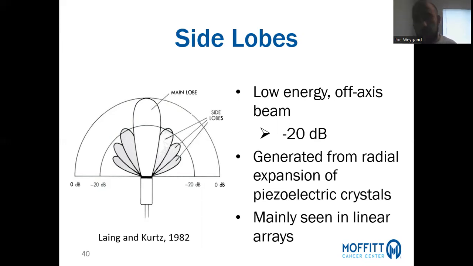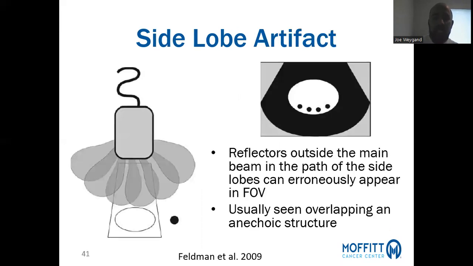There are multiple side lobes, and they're mainly seen in linear arrays. The problem arises when a reflecting surface is outside the field of view, but within the path of one of these side lobes. It will again misrepresent the lateral position of that reflecting object, and usually this is again seen overlapping an anechoic structure.